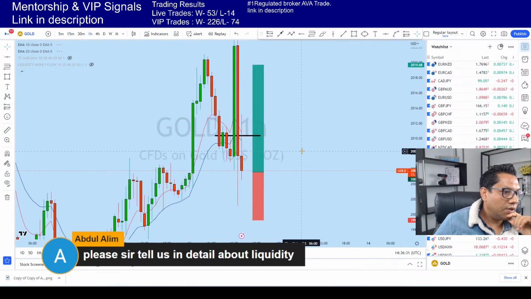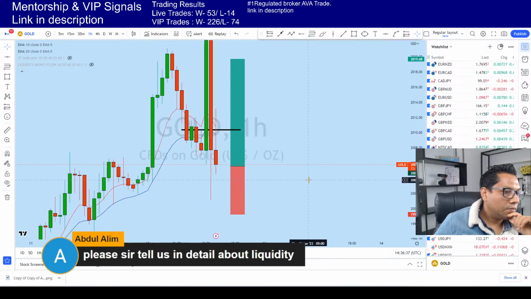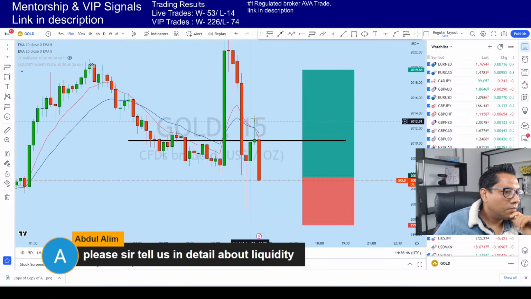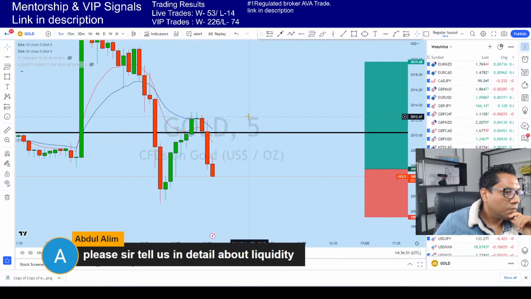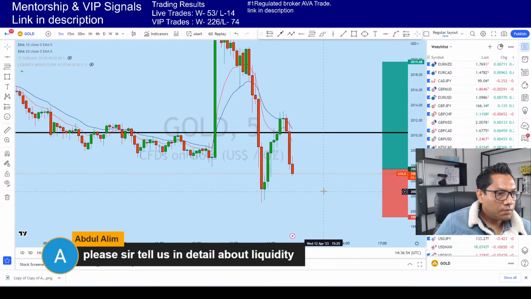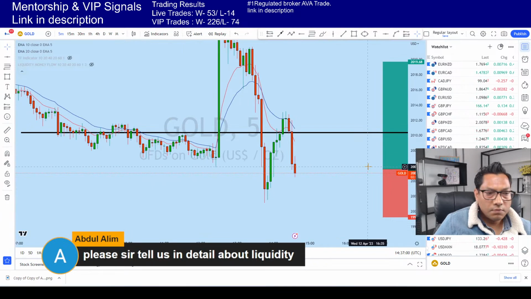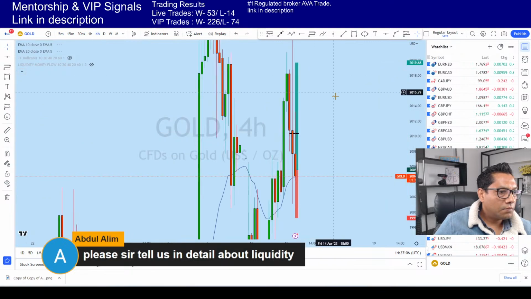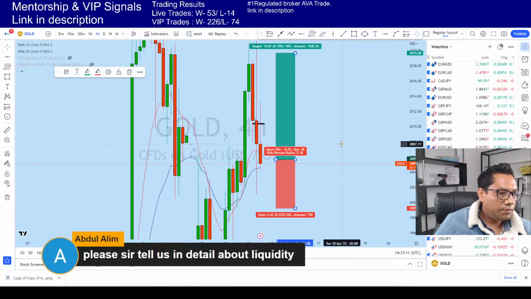It's a very interesting price action. See how it is doing now.